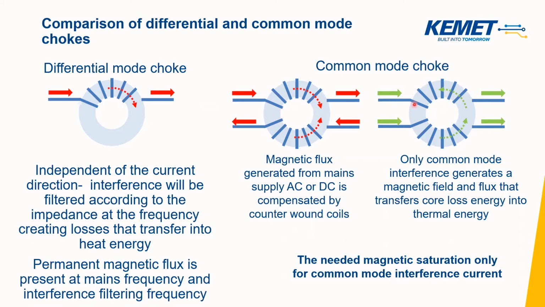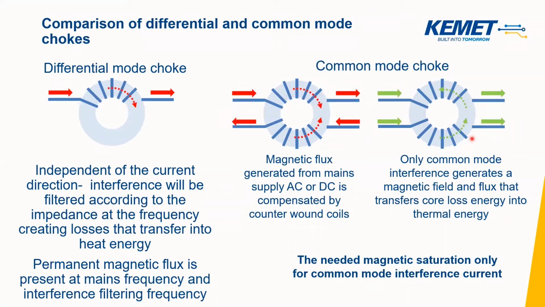How this works is, when you have differential mode or asynchronous noise, you have noise going to the right on, let's say, the top wire, and then the same noise comes back. This direction of noise flow creates a magnetic field which essentially cancels itself out. This is why a common mode choke would never give you any insertion loss for any asynchronous noise that might be on your circuit.